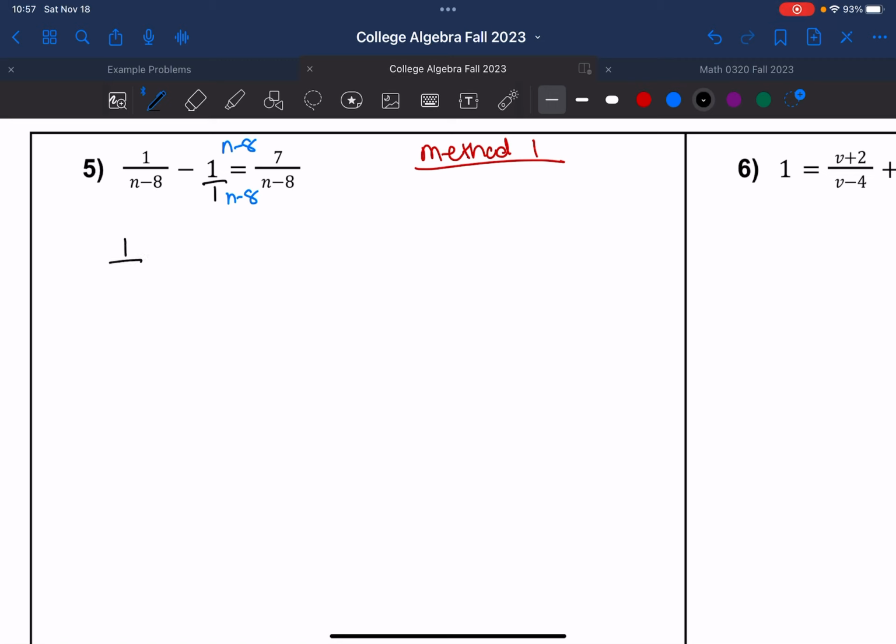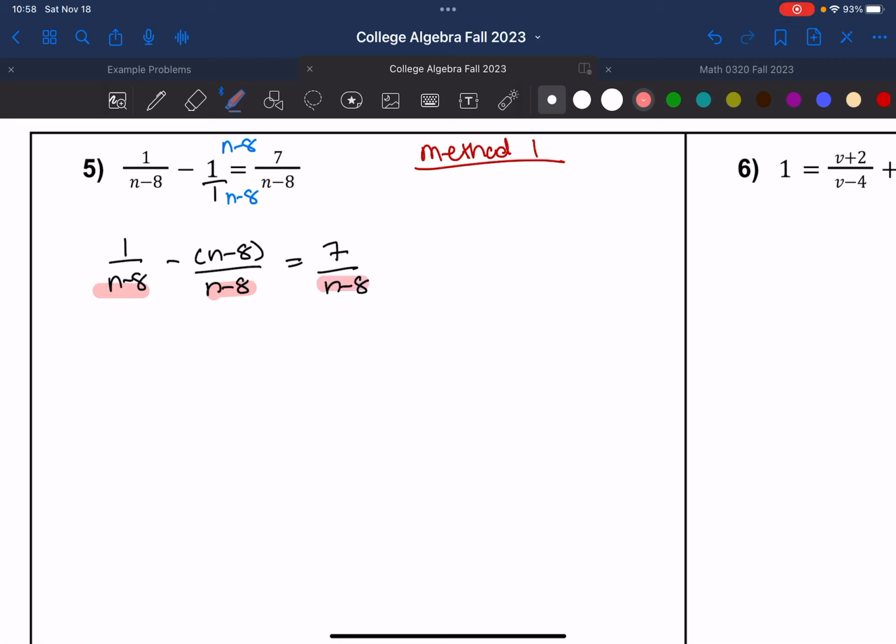So I have 1 over n minus 8 is equal to, minus 1 times n minus 8 over n minus 8 is equal to 7 over n minus 8. Okay. Notice that I have a common denominator on each one.